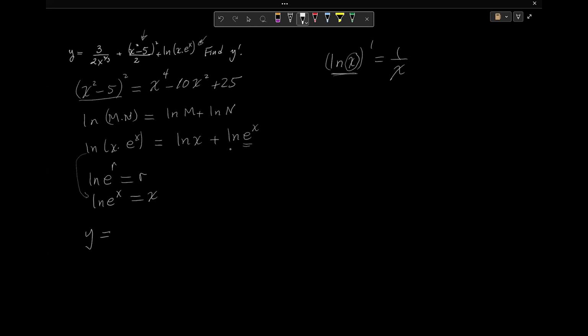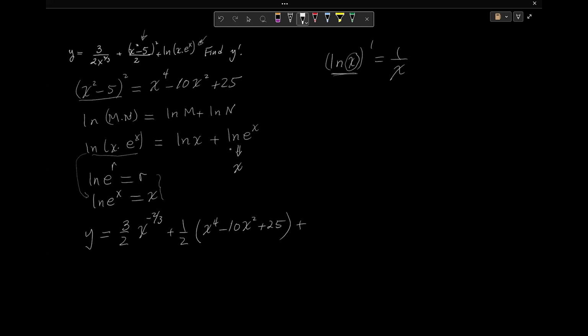So y equals, bring this up, 3/2 x to the negative 2/3. Here we have a half times that fraction. So here's the half right here. I expanded this to x to the 4 minus 10x squared plus 25. Then the last one is plus, again, this gives me this, but this here gives me x.